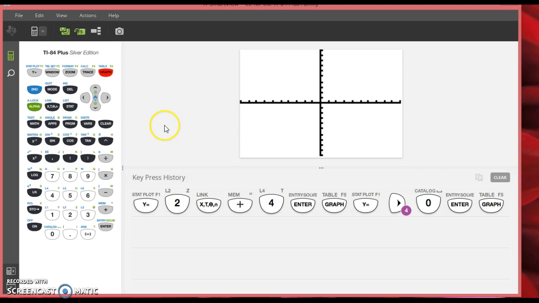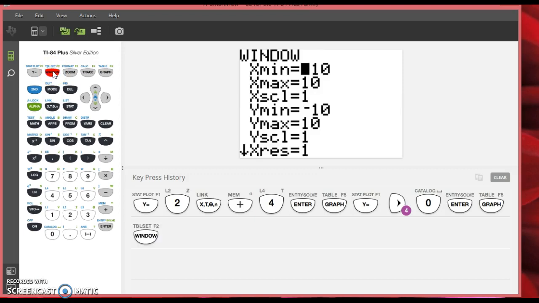Now, watch what we're going to do. And this is important that you understand this. Do you see right next to the y equals the window button? Hit window. Now, look. Your window, since we took it back to factory settings, the minimum on the x-axis was -10.